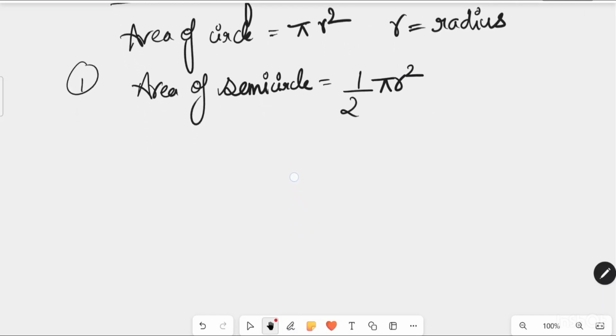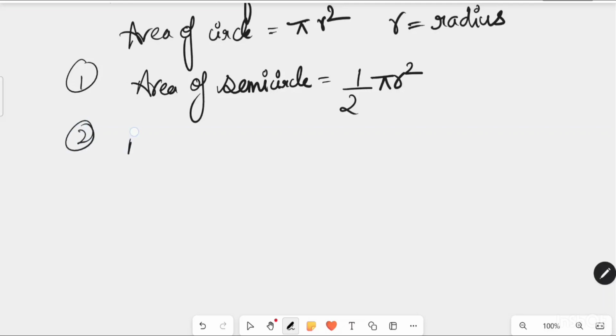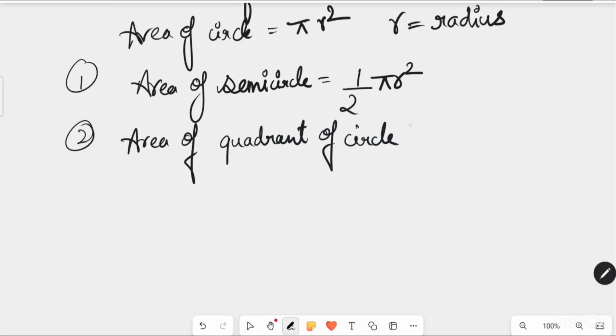The area of quadrant of circle is 1 by 4 pi r square.